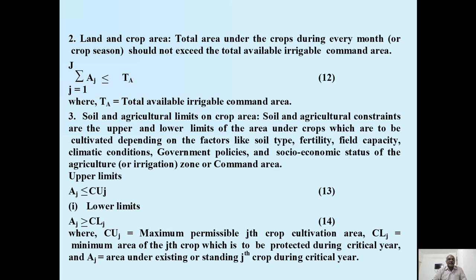So the upper limit is AJ less than or equal to CUJ and the lower limit is AJ greater than CLJ. Where CUJ is the maximum permissible jth crop cultivation area and CLJ is the minimum area of the jth crop which is to be protected during the critical year, and AJ is the area under the existing standing jth crop during the critical year.